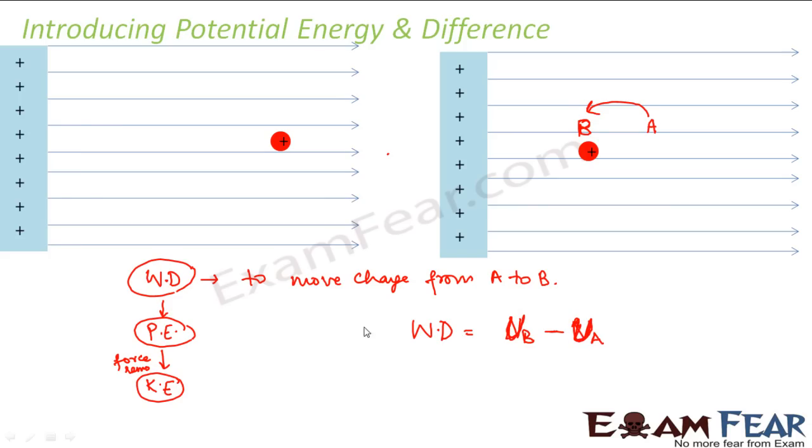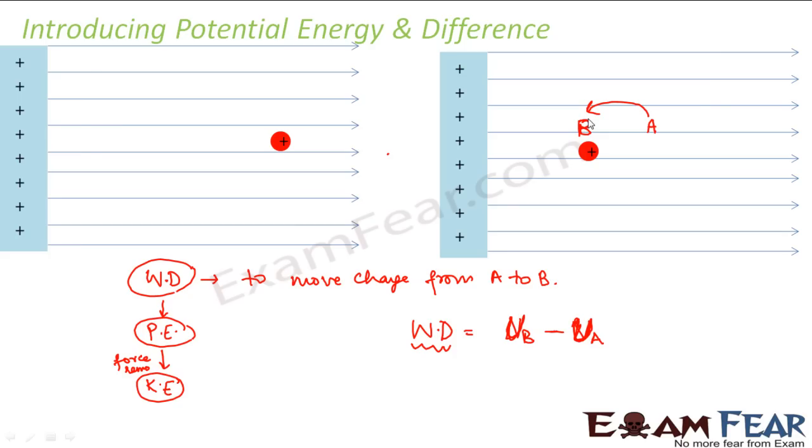Okay. So we will now see that this work done basically does not depend upon the path which you take between these 2 points A and B. That means even if you take a longest path or even if you take the shortest path, your work done will remain the same as long as you move from point A to B. That means work done on an object always depends only on the initial and the final points, and it never depends on the path which is followed to reach the destination.